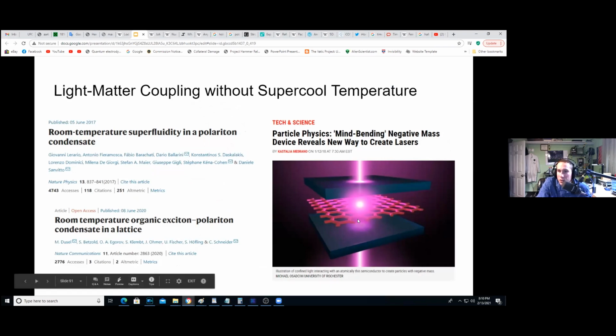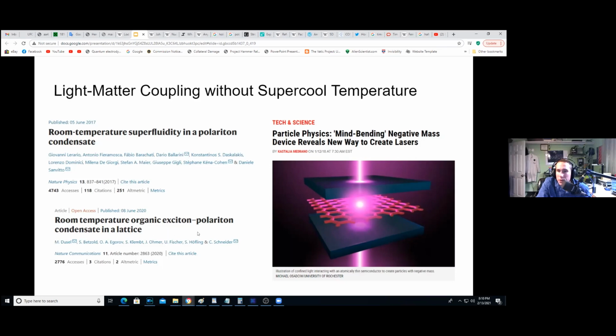And a lot of these sandwich materials are being investigated. Graphene sandwiches, where a graphene layer is sandwiched between two other materials, or two graphene layers of bread with a superconductor in between. Room temperature superfluidity in a polariton condensate has been reported, and a room temperature exciton polariton condensate in a lattice.